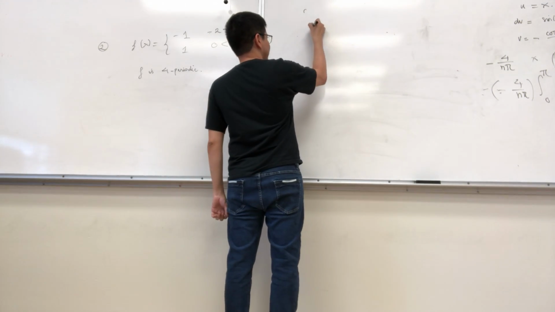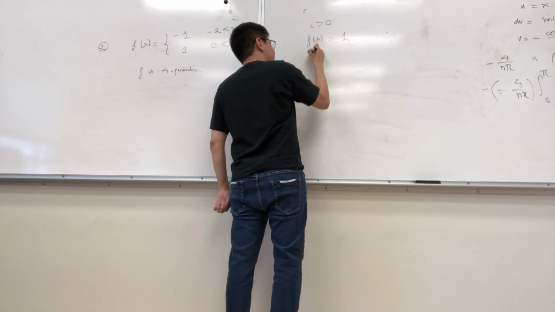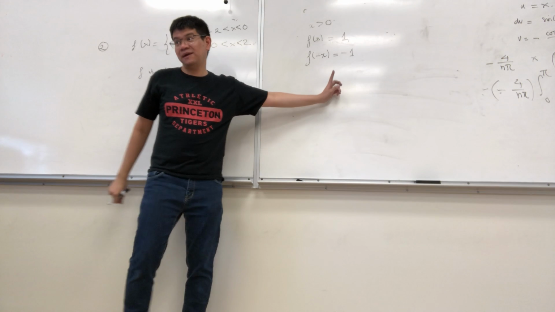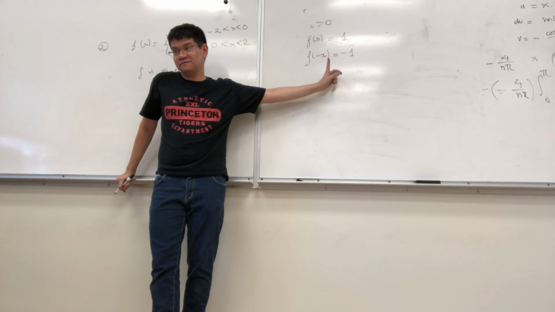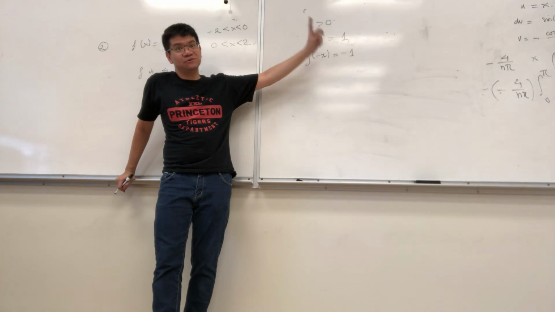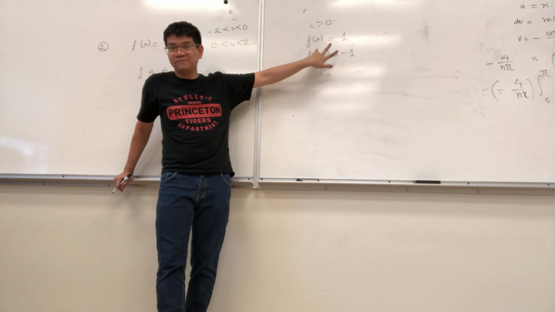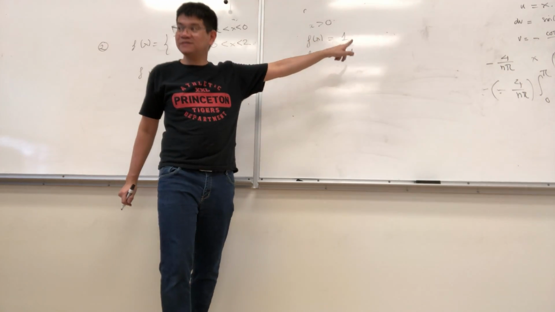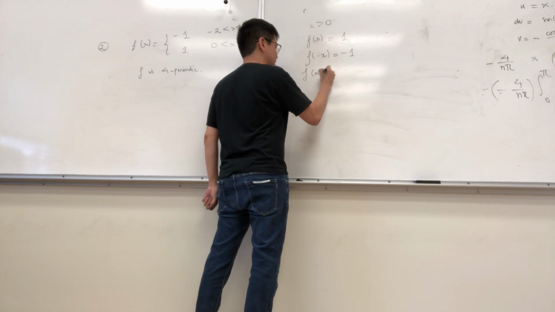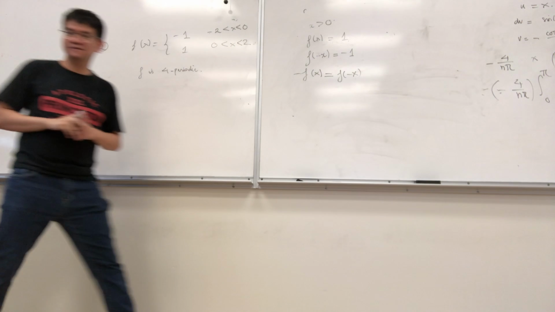Because when x is positive, f(x) is 1, but f(-x) is going to be -1 because -x is negative. So f(x) and f(-x) have different signs, so f(x) is the minus of f(-x), right?